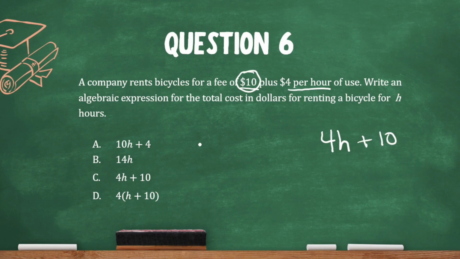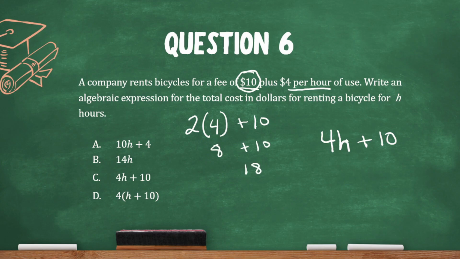And sometimes if you're doing this, you can think of a real-world situation, like if I rented it for 2 hours, how much would that be? So I would do 2 times 4 plus the initial fee of 10, right? So that would be 8 plus 10, or $18.